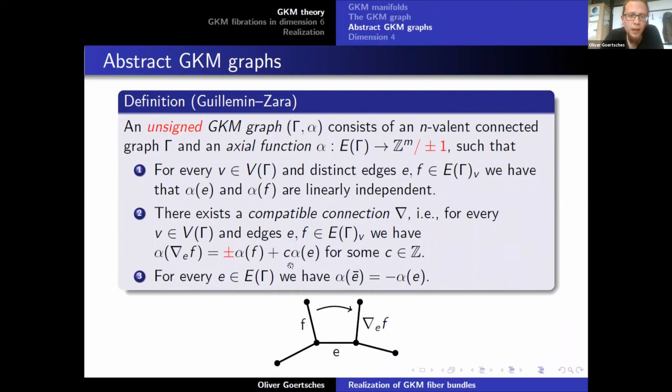And then the weights of these three edges should satisfy this relation here. So the weight here differs from the weight here only up to sign and some integer multiple of the weight down here. So how should one think about this condition? When you look at the tangent bundle of the manifold, it becomes an equivariant vector bundle.